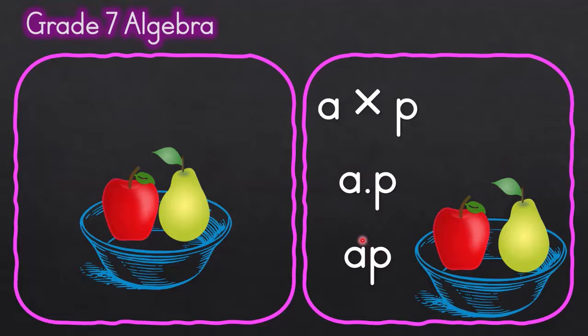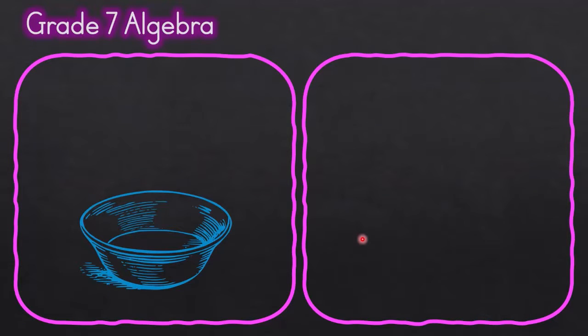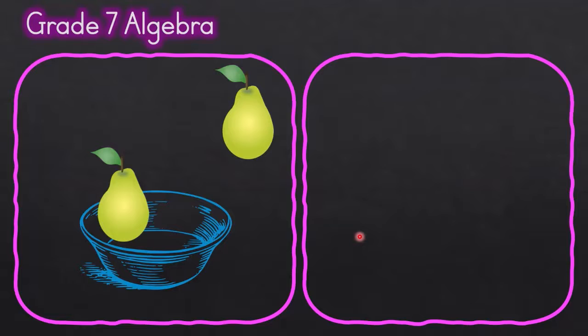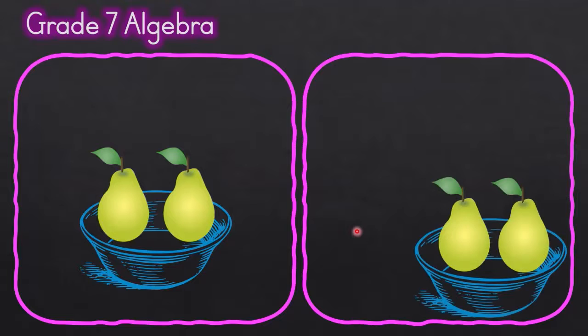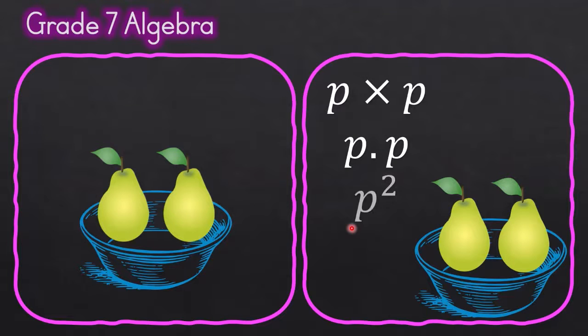Okay, now I tell you, okay, what if I have a pear and another pear together? So in my basket I have 2 pears, just like you would buy them at Pick n Pay. So how would I write it? I would write it as P times P, P dot P, or P squared.